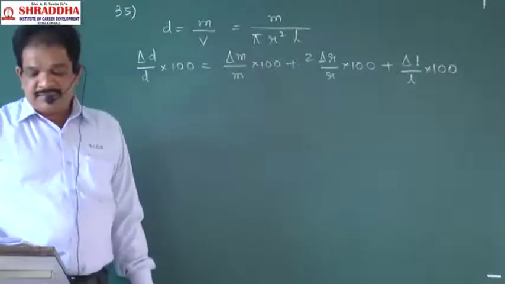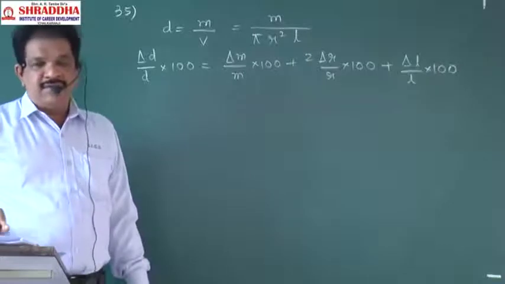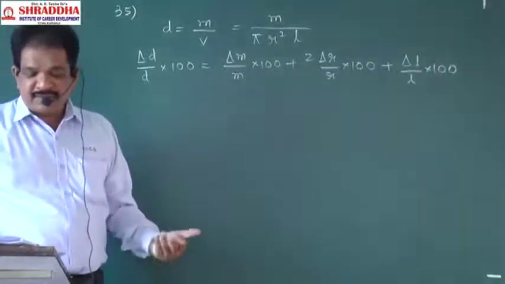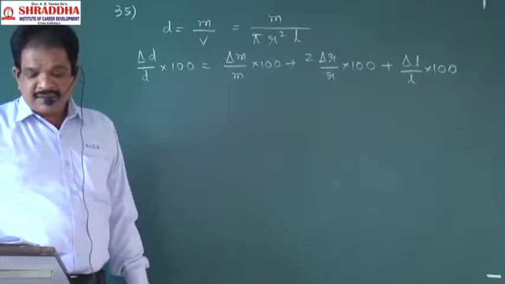So here, see, error and quantity will have the same units, so no need to consider them because they cancel with each other.